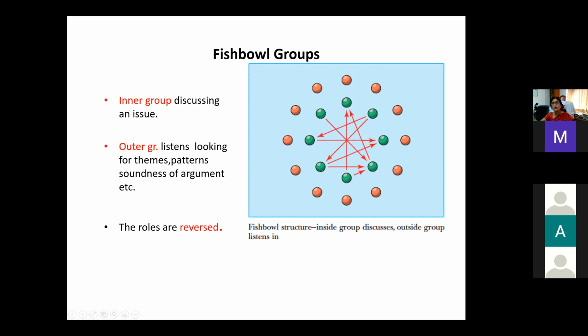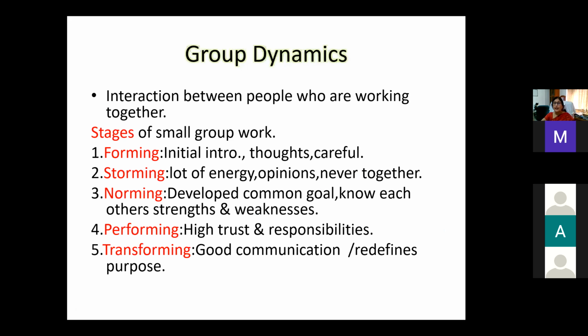So the outer group should actually be observing this, how the soundness of the argument is, etc. And already we have given them 10 minutes. So many times it happens that we are not aware of how to maintain that, how to go about the group discussion. So most of the time we see that no one is maintaining the time.